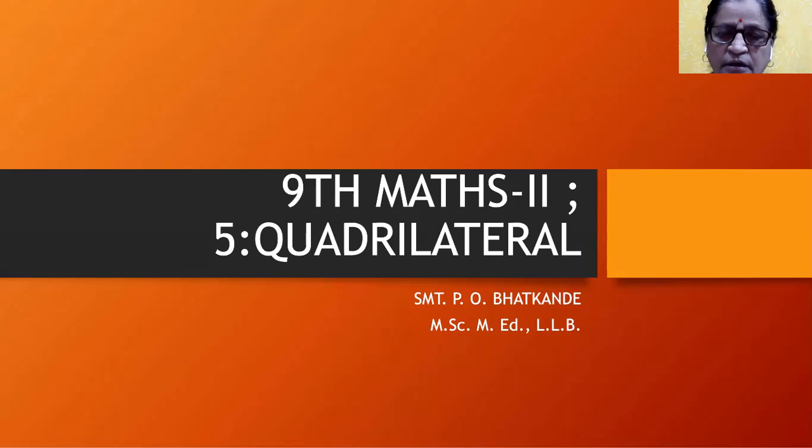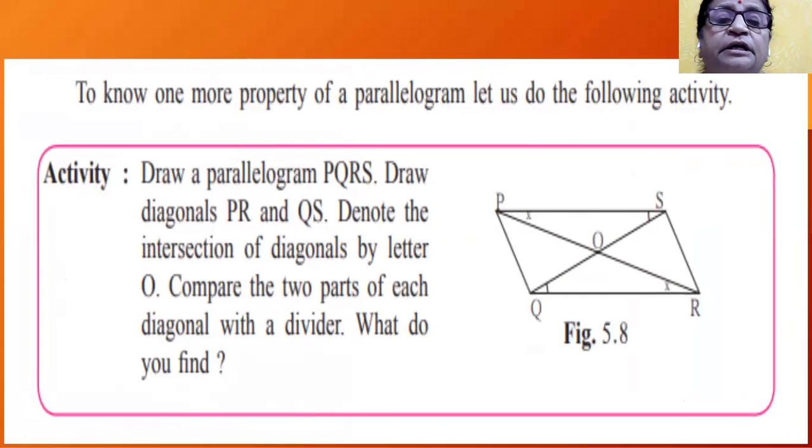We are studying quadrilaterals. Before this class, we have taken the information regarding quadrilaterals and theorems also. Here is one activity you have to do. In this figure, a parallelogram is shown, and this parallelogram is PQRS. Draw the diagonals.